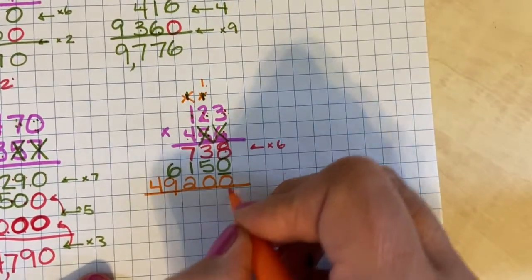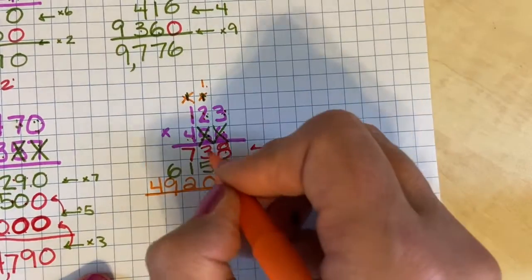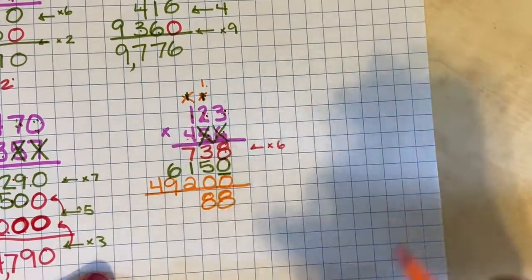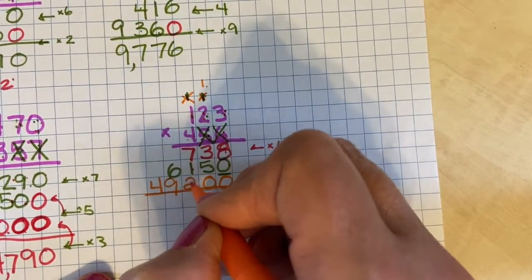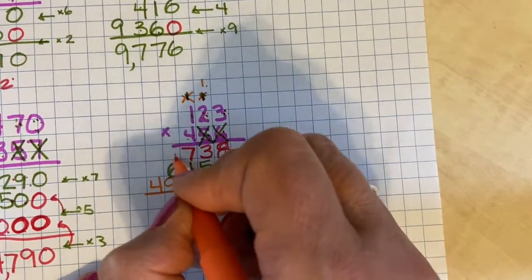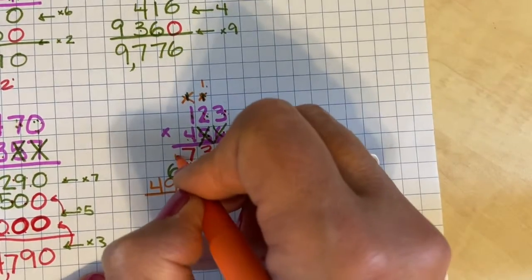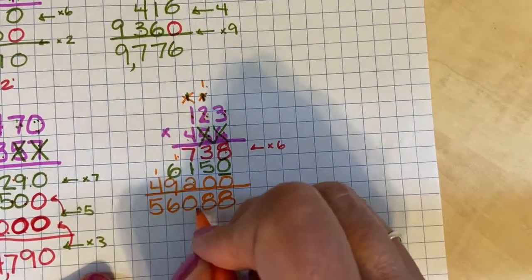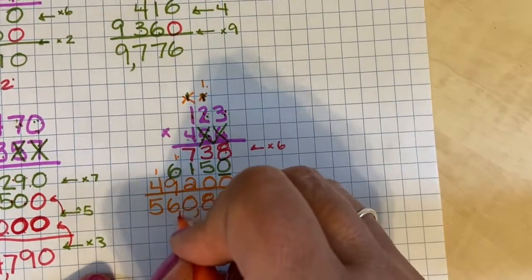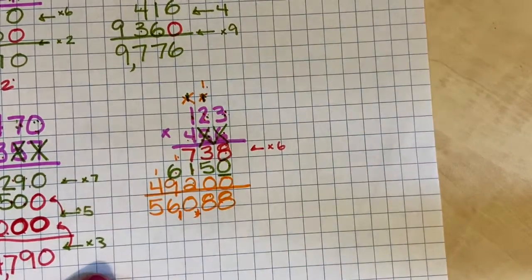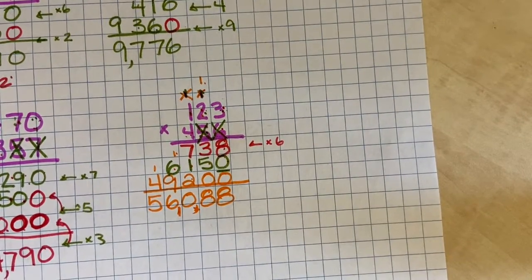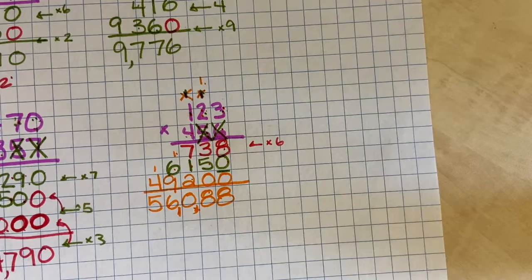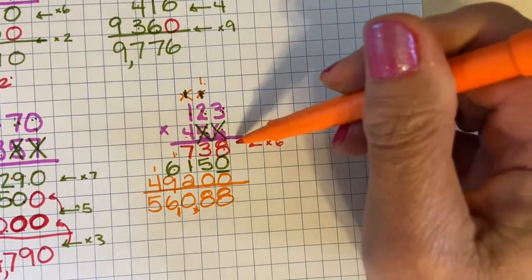I get 8 plus 0 is 8. 3 plus 5 is 8. 7 plus 1 is 8, plus 2 is 10, so I put 0, carry my 1. 9 plus 1 is 10, plus 6 is 16. I get 56,000. I'm in the wrong place. 56,088. All right, so it's just a matter of, you literally do the same step over and over.